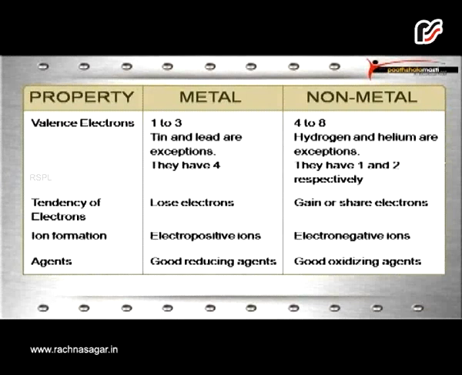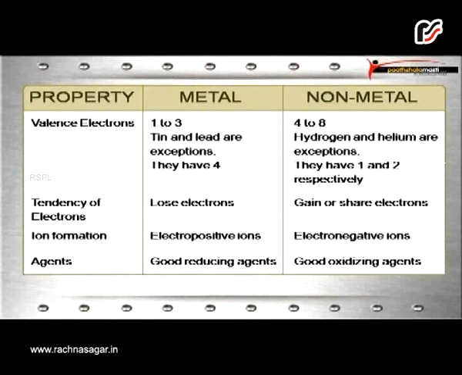That is, they are electronegative in nature. So, in ion formation, metals will always form positive ions. Positive ions are also called cations because they are attracted towards the cathode. Non-metals form negative ions, which are also called anions because they are attracted towards the anode.